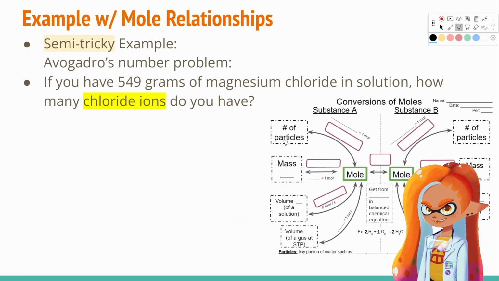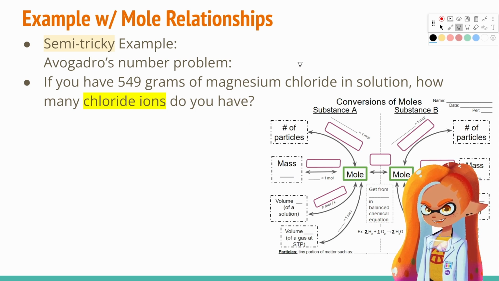Okay, so now I'm going to go over an example that's slightly trickier. This is an Avogadro number problem, and it's using stoich, which is why I have the concept map right behind me. I'm trying to get the chloride ions involved in this question. So I notice that it is giving me the substance magnesium chloride.